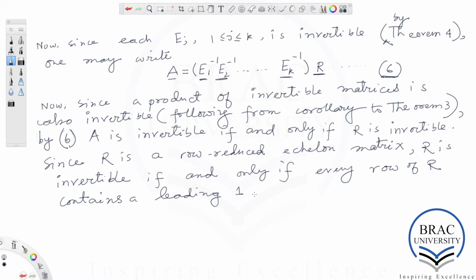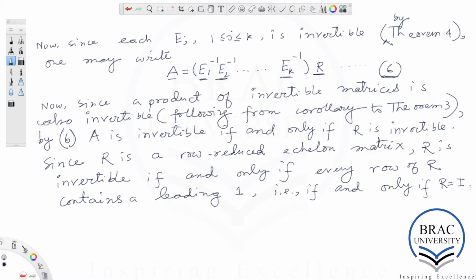And that is the case when R is precisely equal to the n times n identity matrix, that is, if and only if R is equal to I. So what I am saying is that the only way the n times n row reduced echelon matrix R can be invertible is that it is equal to the n times n identity matrix.